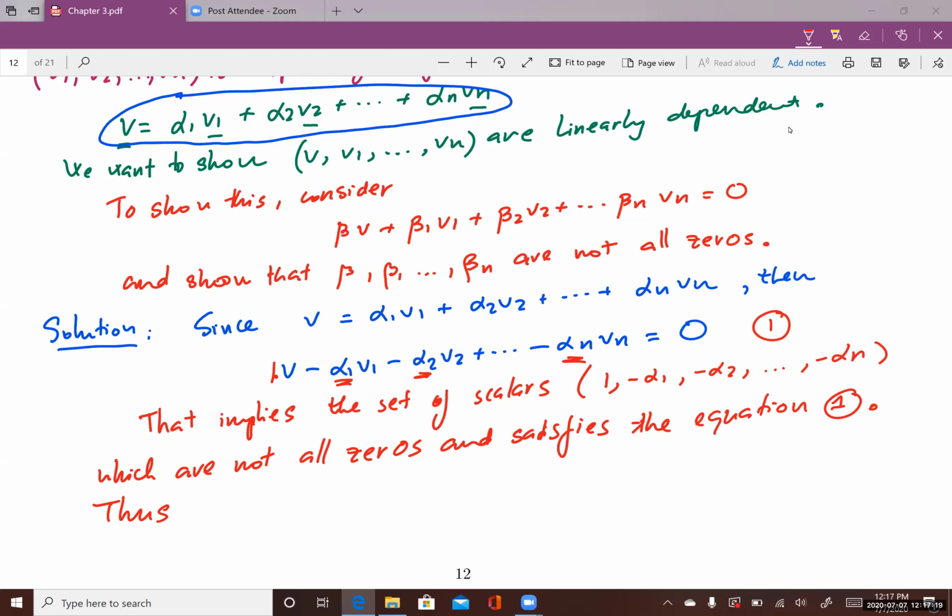Thus, by the definition, the set v, v1 to vn is linearly dependent.